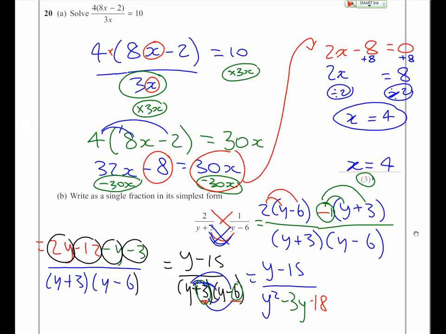Okay, now I just want to know if this is going to factorize to have a y minus 15 on the bottom. So two numbers that multiply to make minus 18 add to make 3. No, it's not going to happen, so just ignore what I just said and leave that as your final answer. Okay?